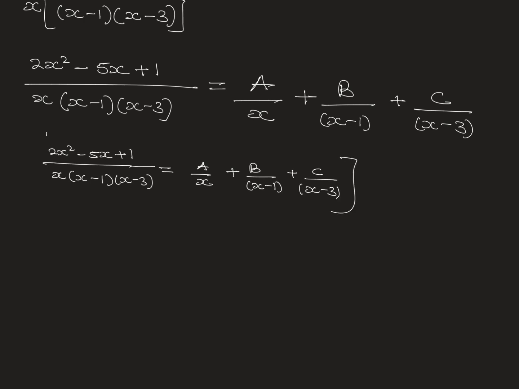Then we multiply everything by the denominator that we have here, which is x into x minus 1 into x minus 3. This x into x minus 1 into x minus 3 goes into this, it will cancel out.